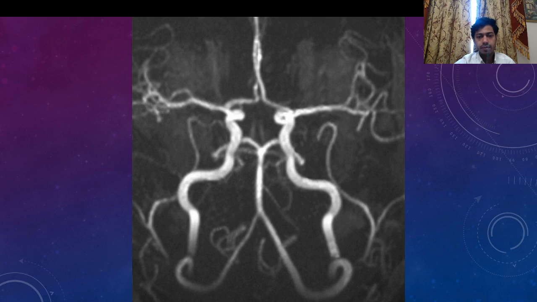So if, let's say, one area is blocked or occluded, the blood can still find a way to get to its destination site without impacting the function of the entire brain, which I think is very, very nice. It's a nice evolutionary adaptation.